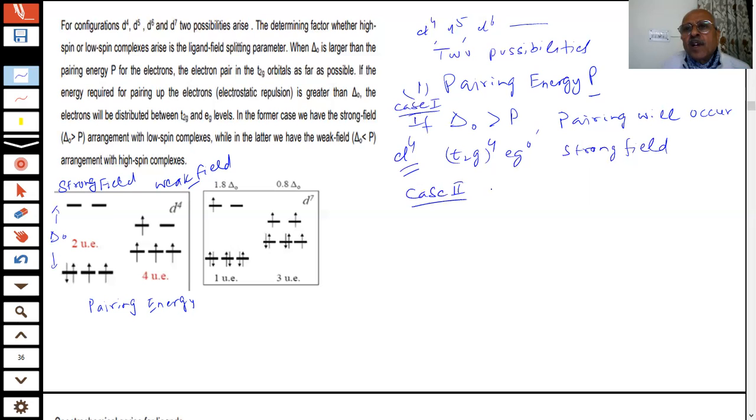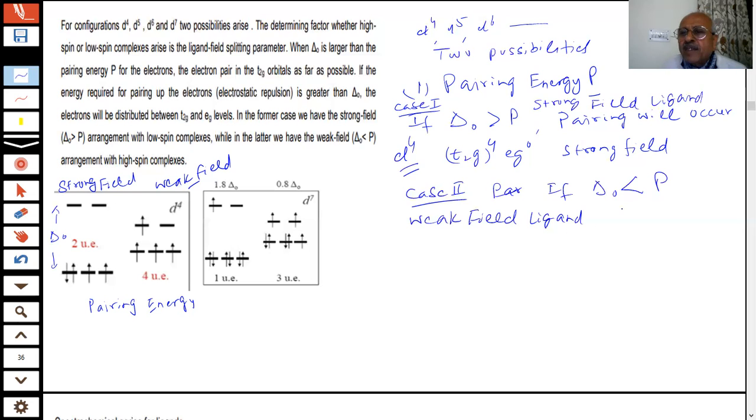And second, case 2: if delta o, the octahedral splitting energy, is less than pairing energy, then what will happen? This is a case of weak field ligand, and that was a case of strong field ligand.